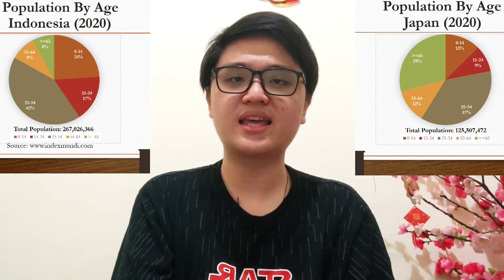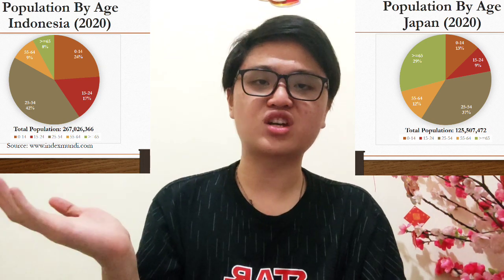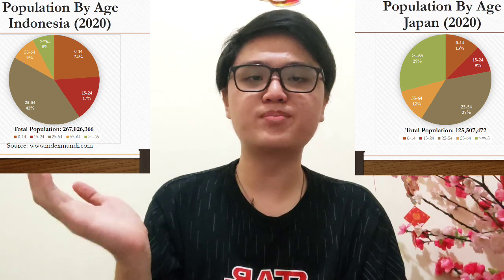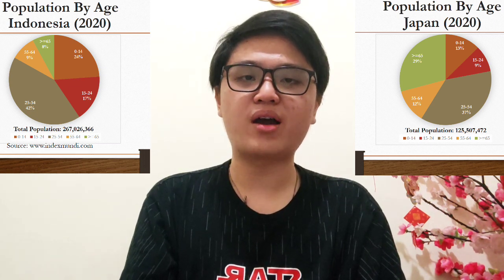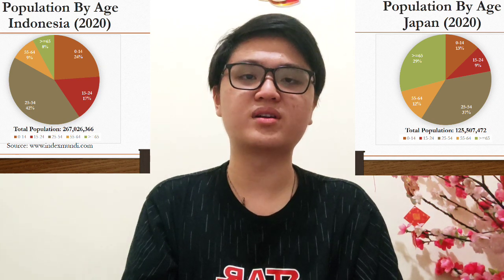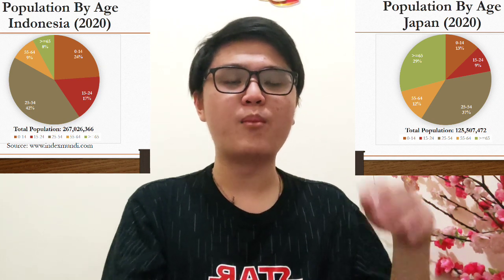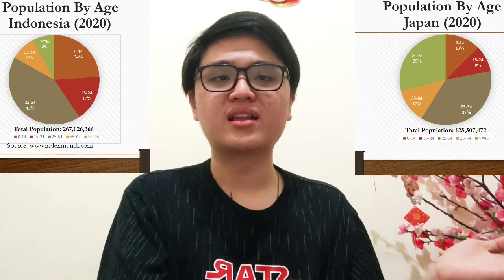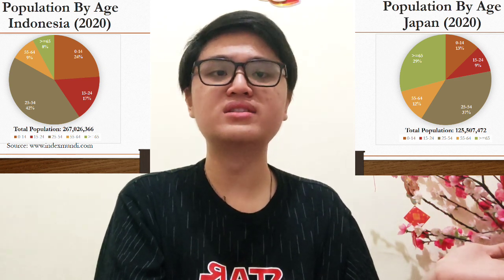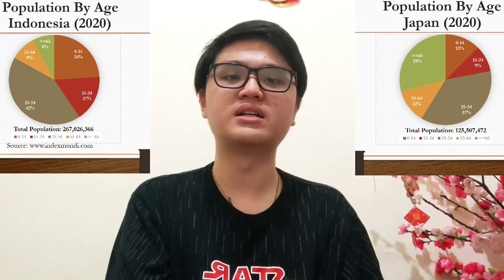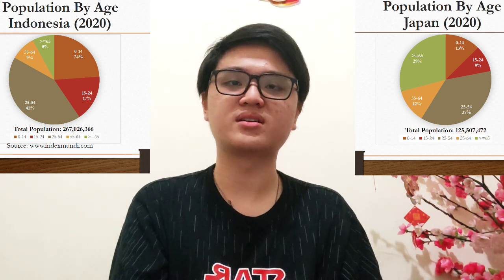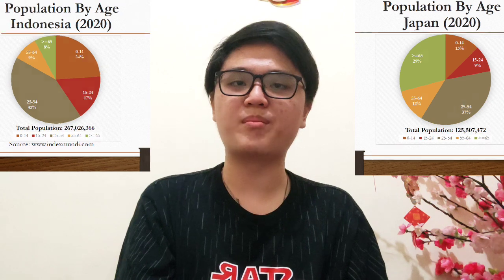In the Indonesia pie chart, there is only 8% of people that are 65 years old or higher. But in Japan, there is 29% of them. Wow, that's a very big difference between them.